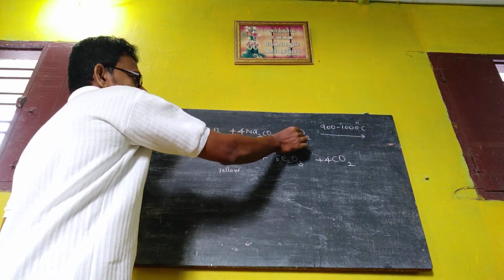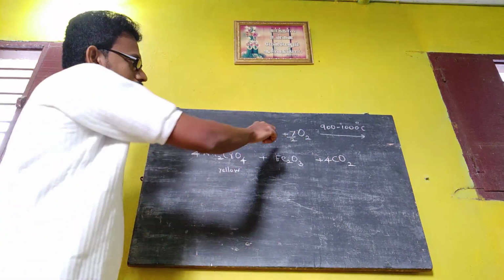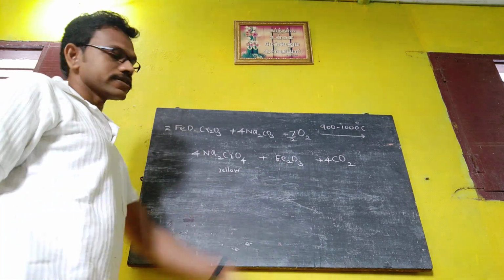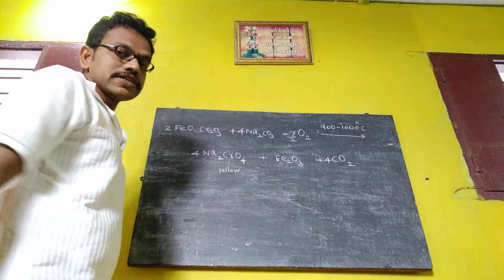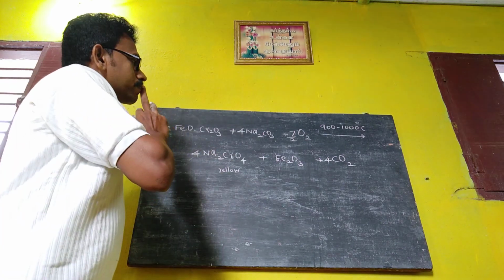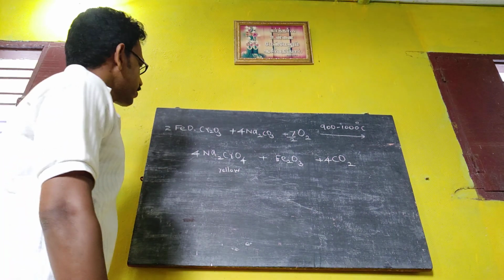So here 7 by 2 is given. So we have to make a whole number. The whole equation, left side and right side, should be multiplied with 2, right?